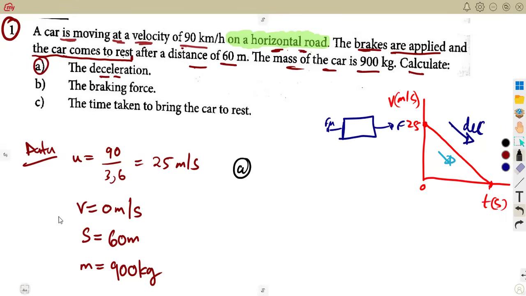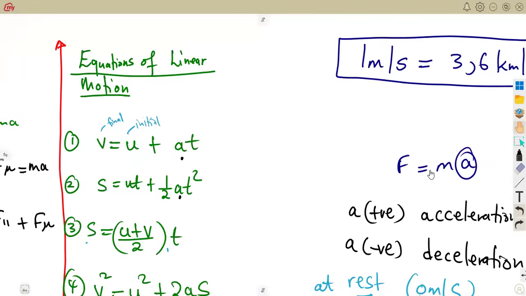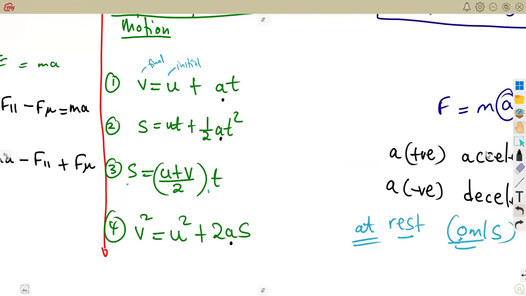That is it, guys. How can we calculate this? We are given U, we've got V, we've got S. Which formula can we use, guys? We're just going to pick from these ones. U, V, and S. Which one has got U, V, and S and can give us A? There we have got time, but we do not have time.